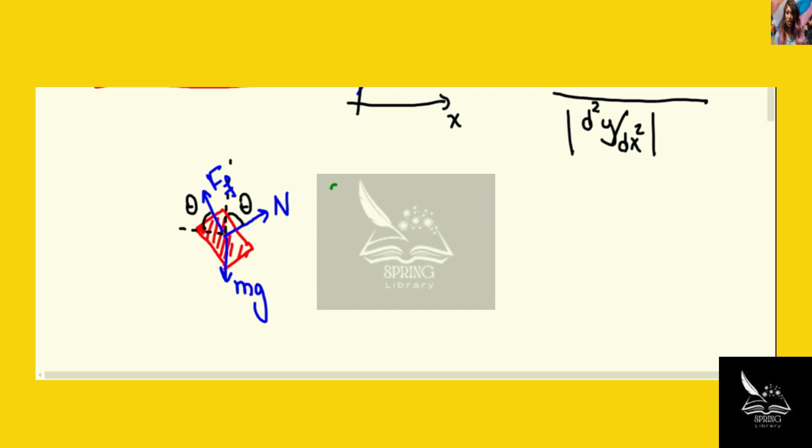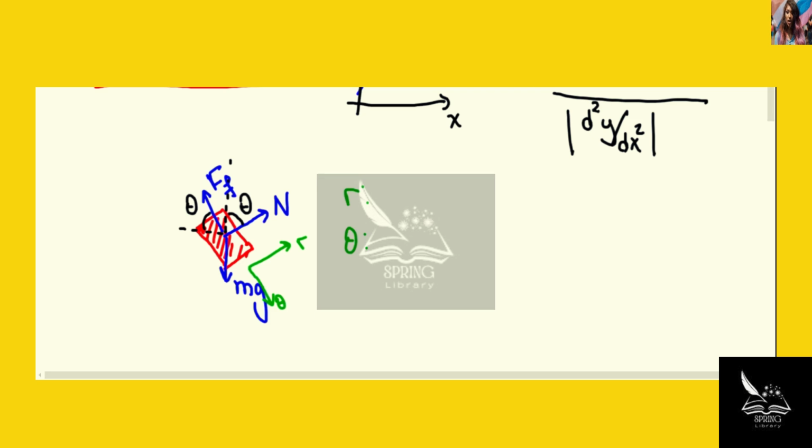But before I do that, I'm going to decompose this force into a component along the r direction, and the r direction is the centripetal direction, so this direction here, and another component along the tangential direction. So notice that the normal force is along the r direction, while the friction force is along the theta direction.